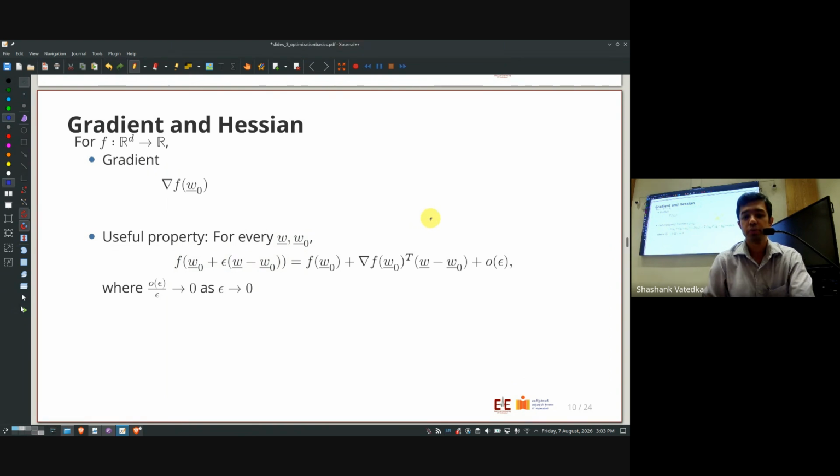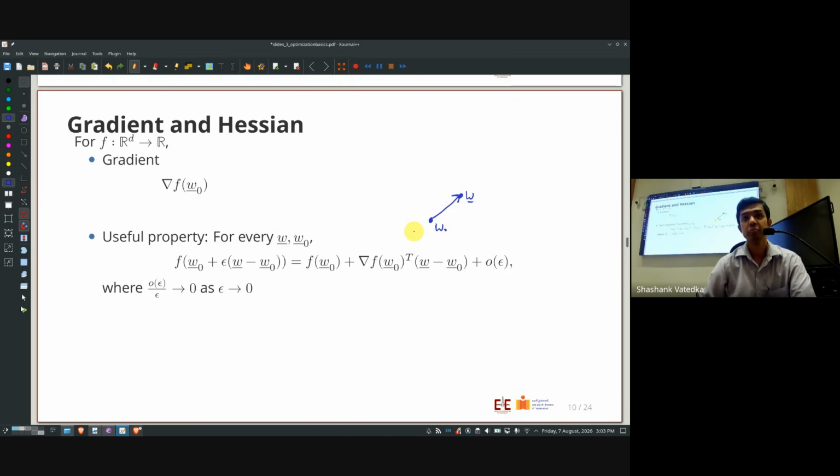You should think of this as follows: you take a point w0 and you move a small amount, epsilon, in the direction of w. The vector in the direction of w, starting from w0, is basically the vector w minus w0.